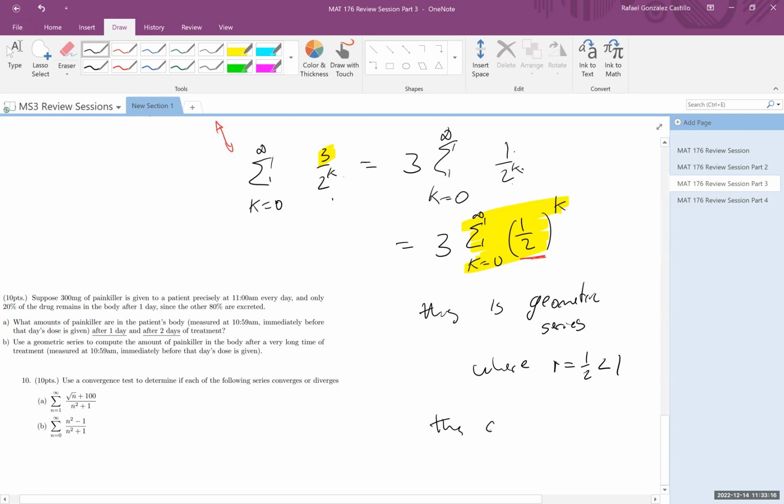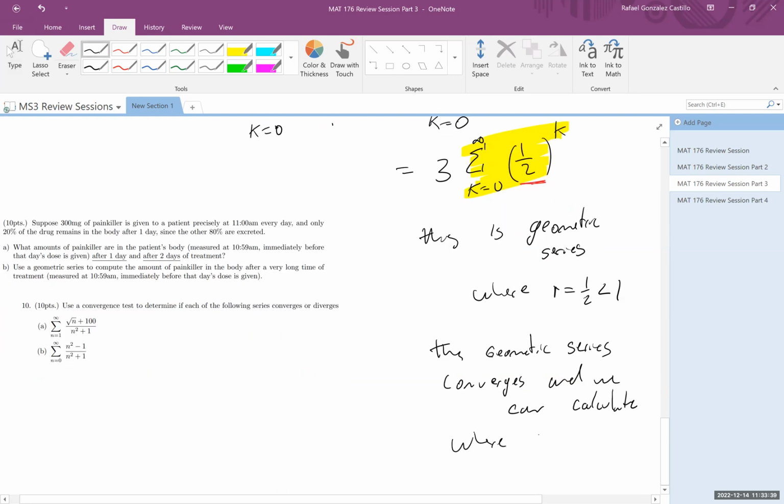So this geometric series converges, and we know what it converges to. And we can calculate where it converges to.